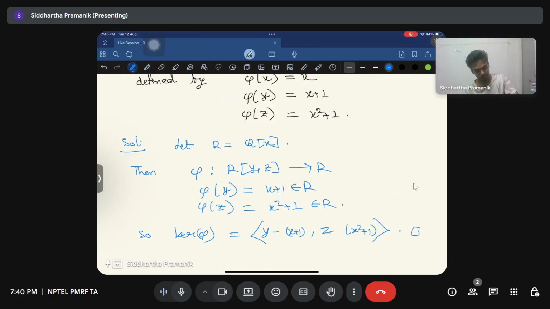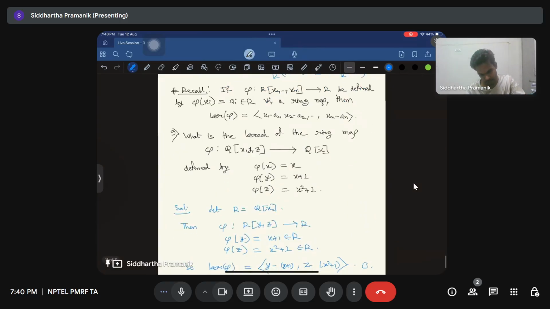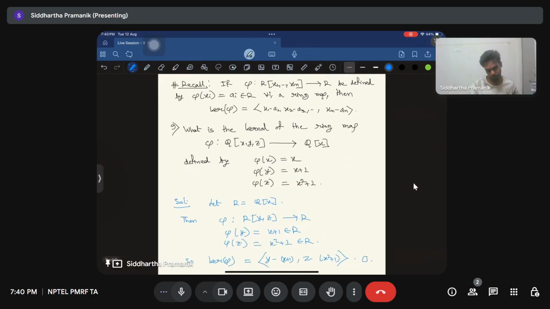So this is one description for the kernel, obtained by just using the fact which I recalled.